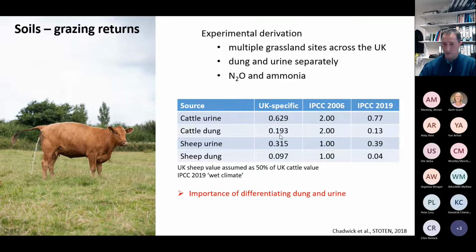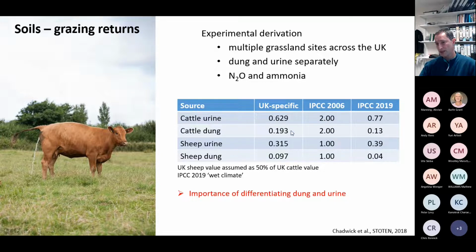So these are the actual measured values here. UK specific emission factor of 0.63% for cattle urine, and 0.19% for cattle dung. So 0.63% of the N that was deposited in the urine was emitted as nitrous oxide, or 0.19% of the cattle dung nitrogen that was deposited.